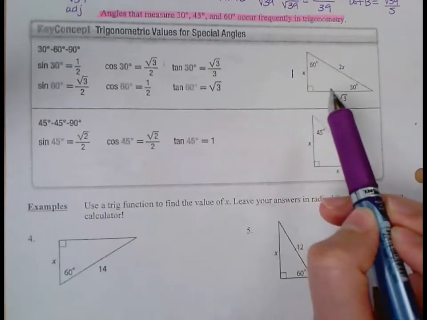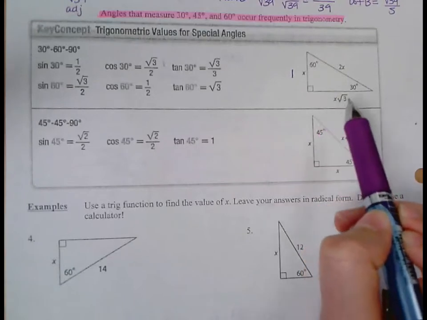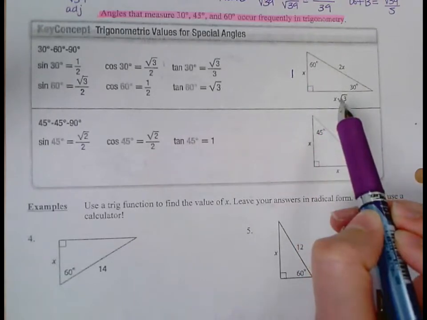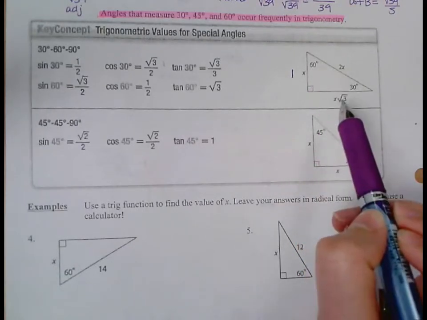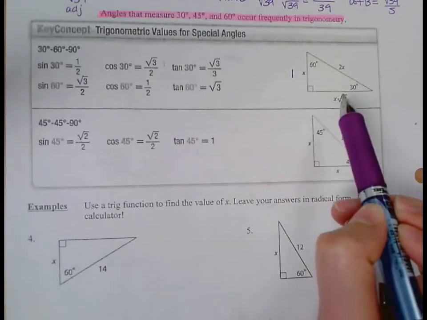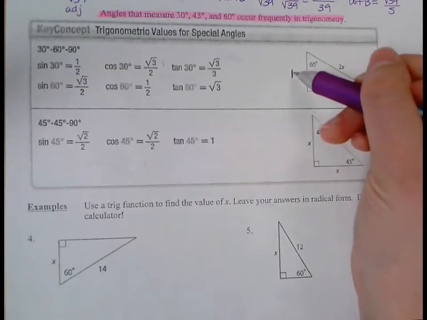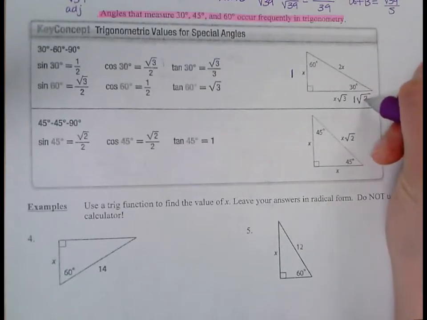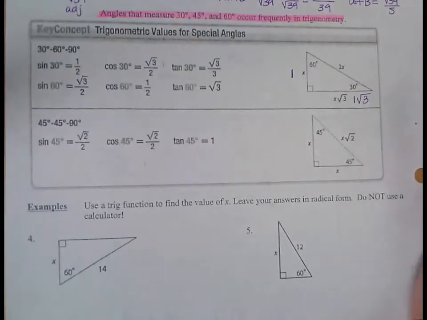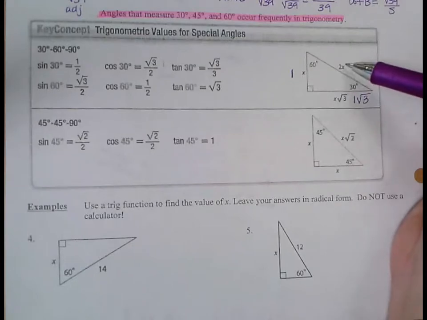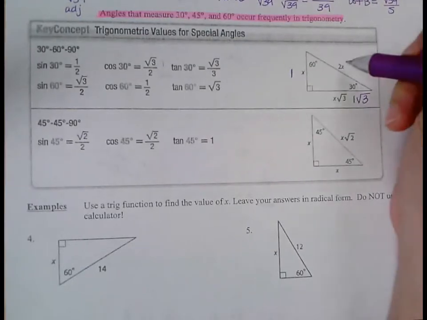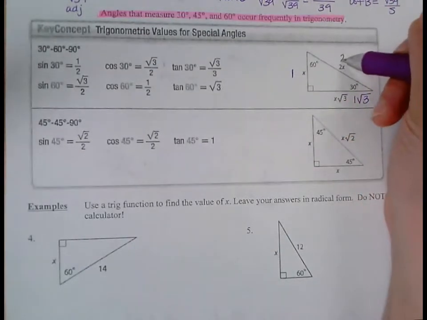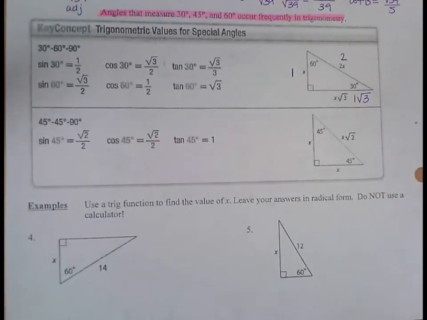That means the long side, the side opposite the 60-degree angle, is the short side multiplied by the square root of 3. So if x is 1, this would just be 1 square root 3, or just square root of 3. And then the hypotenuse is 2 times the length of the short side. So again, if x is 1, that hypotenuse is just 2.